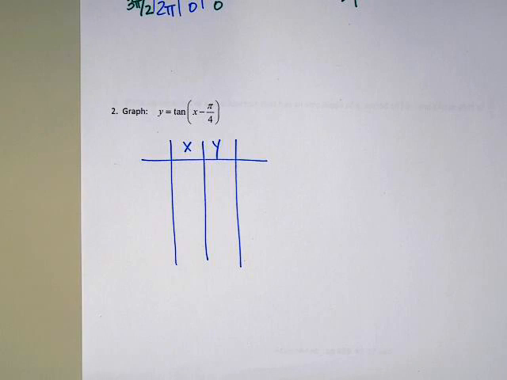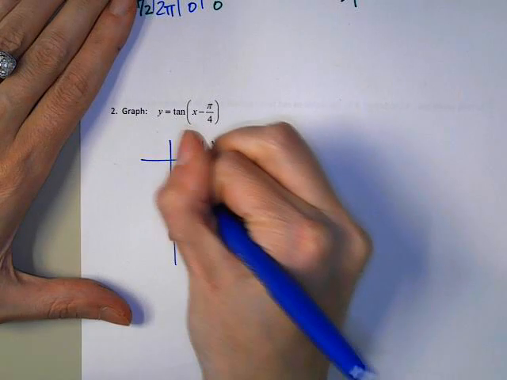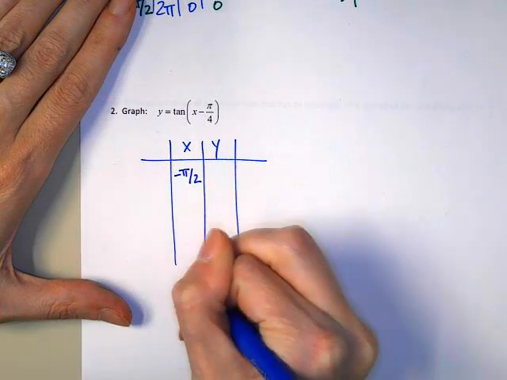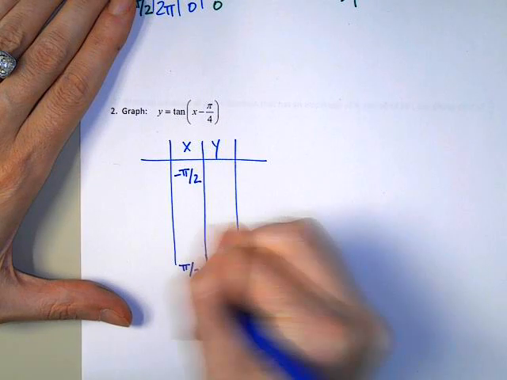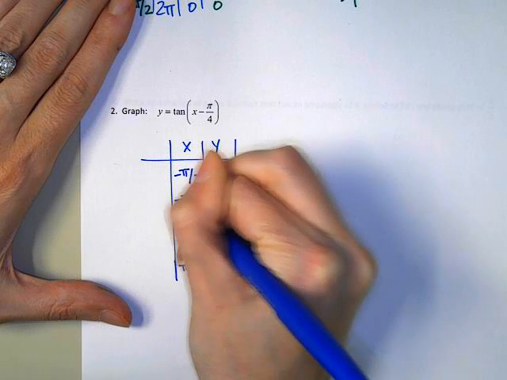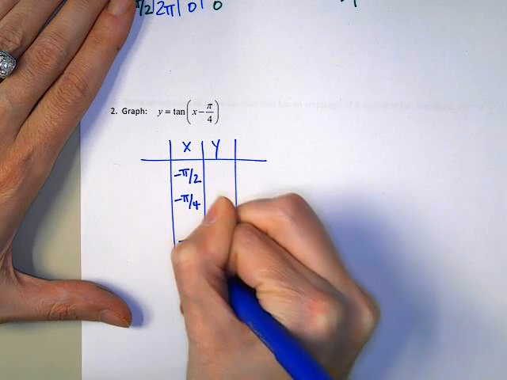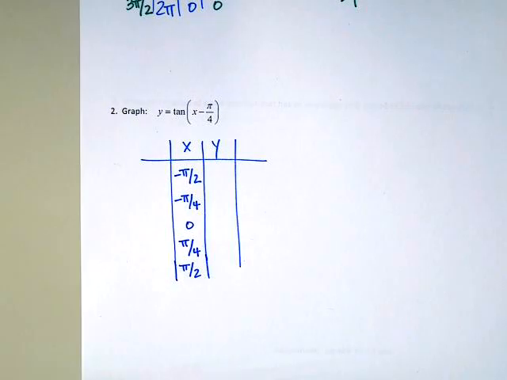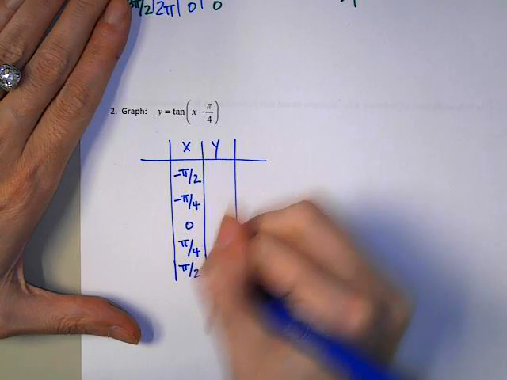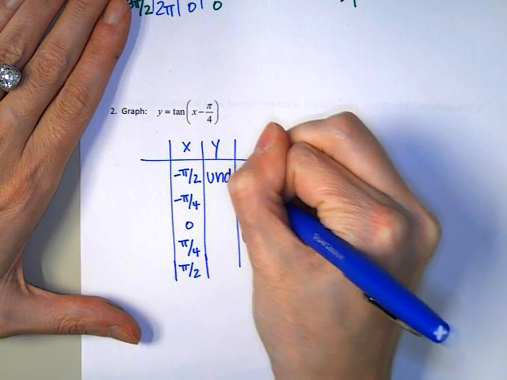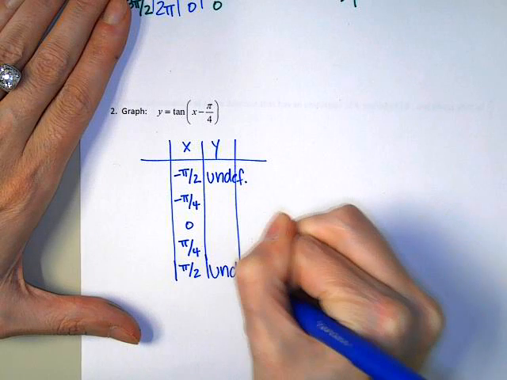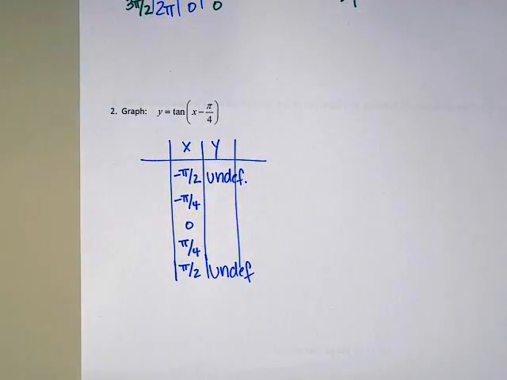We go surrounding the asymptotes at negative pi over 2 to pi over 2, which means there's a negative pi over 4, a positive pi over 4, and a 0. Those are the 5 key points for tan. And then at negative and positive pi over 2, that's where the asymptotes are. So those are the undefined values.